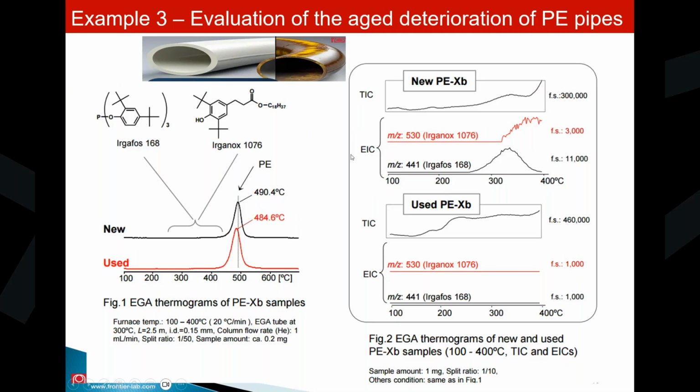Okay, so this is the type of information evolved gas analysis can provide compared to the TGA, which can only provide the peak top temperature and does not provide the chemistry changes of the material.